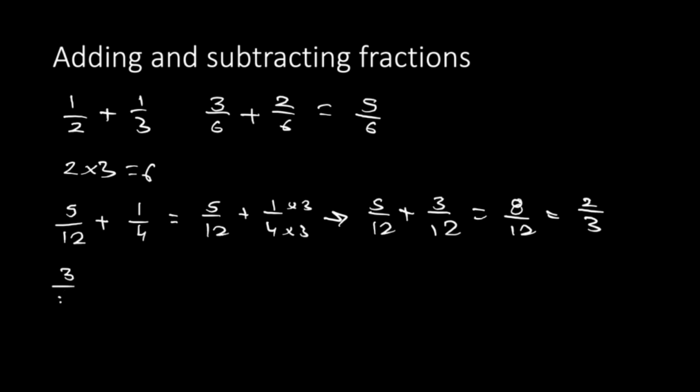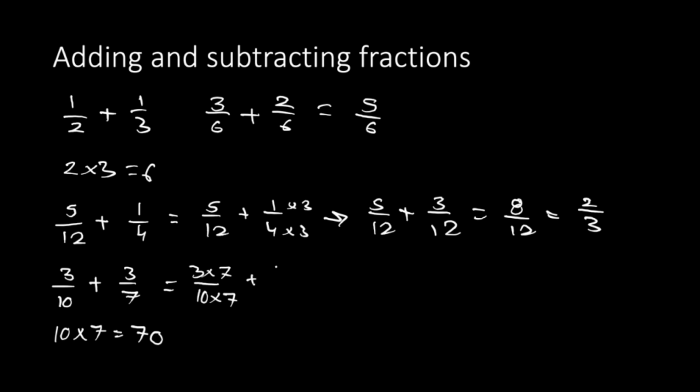Add 3 over 10 to 3 over 7. Again, find the common multiple. The common multiple is 70. 10 times 7 equals 70. So then you do 3 times 7 over 10 times 7.